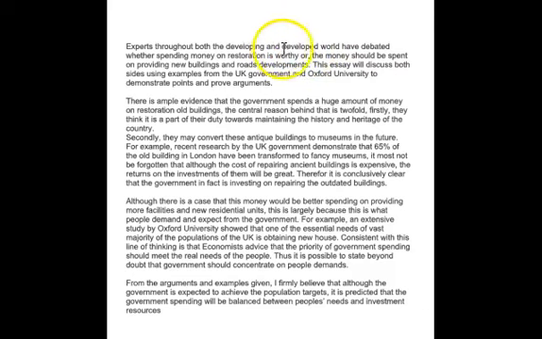Okay, so we should say is worthy or whether the money should be spent on providing new buildings and road, no S, developments. Good, well done. This essay will discuss both sides using examples from the UK government and Oxford University to demonstrate points and prove arguments. Well done. Like I said, a really strong introduction, so good work there.